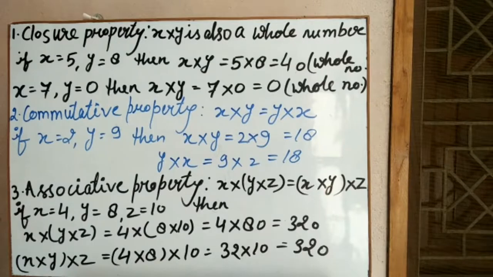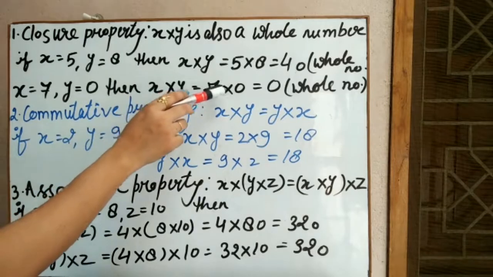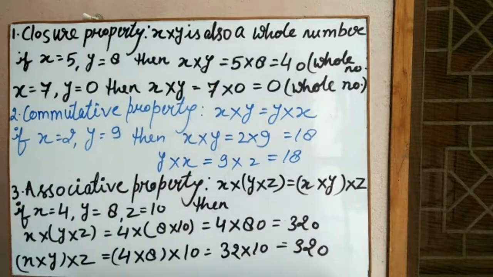And we know that 40 is a whole number. One more example. If x is equal to 7 and y is equal to 0, then x into y is equal to 7 into 0 is equal to 0, and 0 is also a whole number.